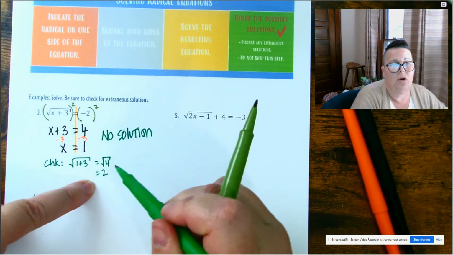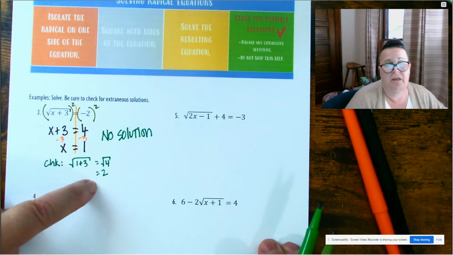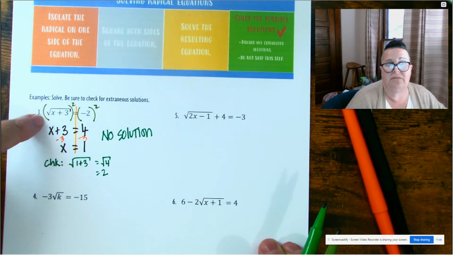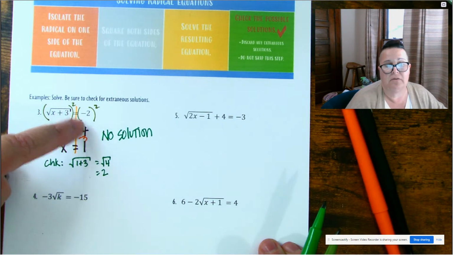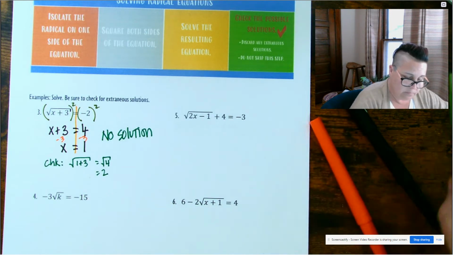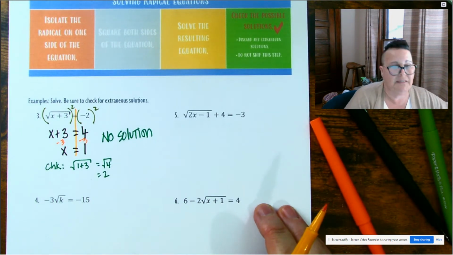That 2 cannot work because no square root should ever give me a negative number. I really should have known right here because I only want the positive. Don't always be fooled, though. Don't think you know it, because we're always going to come up with an example that doesn't work.